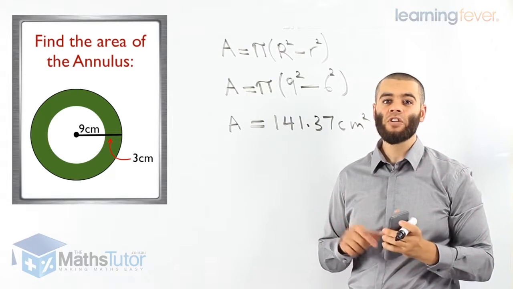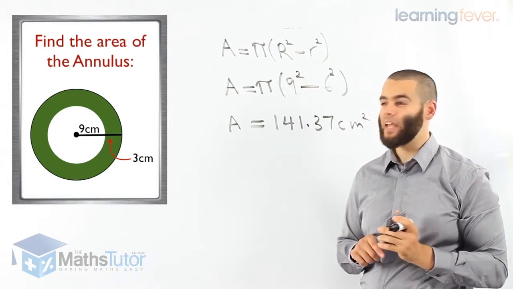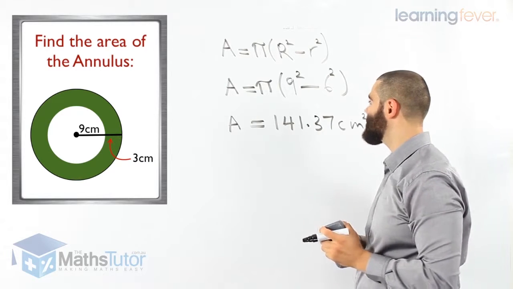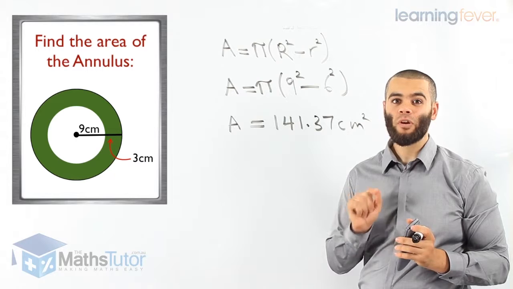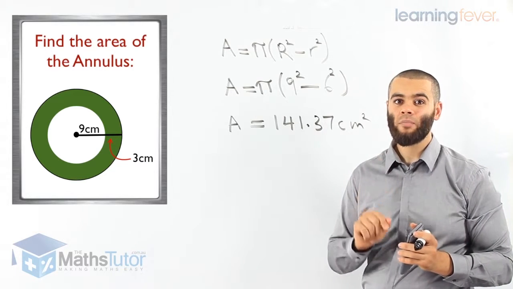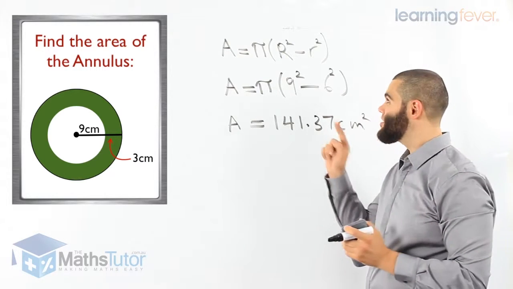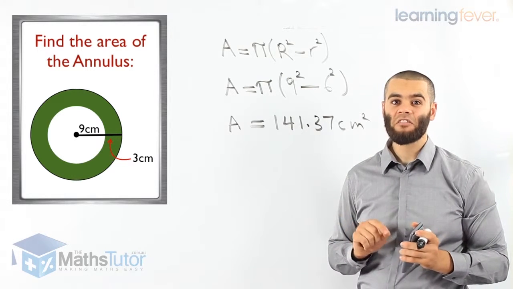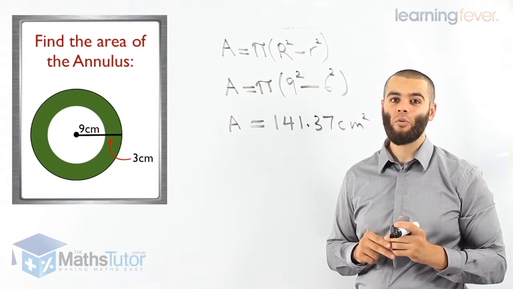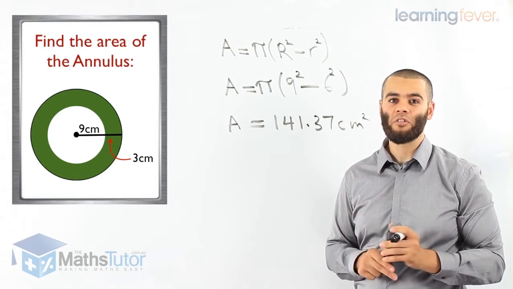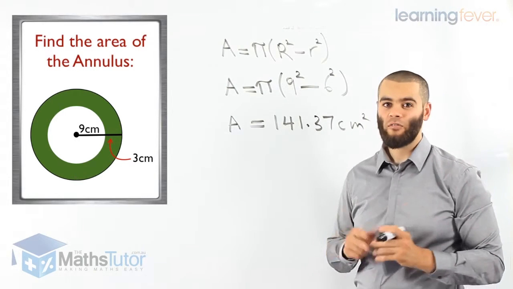So the area shaded in green, the area of the annulus, is 141.37 square centimeters. Very important that you look at the diagram carefully, and remember, always memorize the formula. In this case here, the formula for an annulus, A equals pi, open bracket, capital R squared, take away little r squared, close the bracket. That is the area of the annulus.